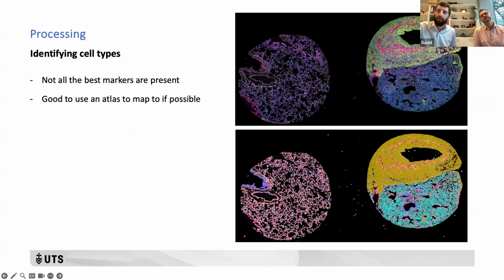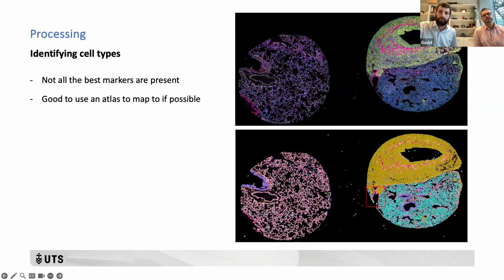In yellow, I've highlighted the cancer cells. In blue, we've got the inflammatory cells. Purple really nicely highlights the airway epithelial cells, and in pink, we've got the structural cells, so they're the alveolar epithelial cells. And you can see that much nicer over here.